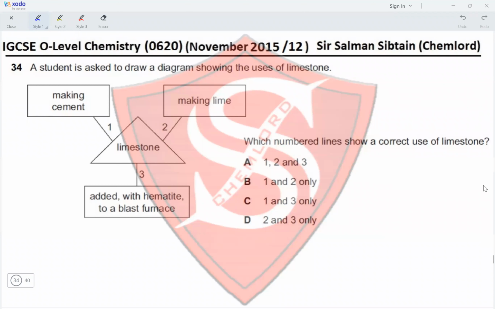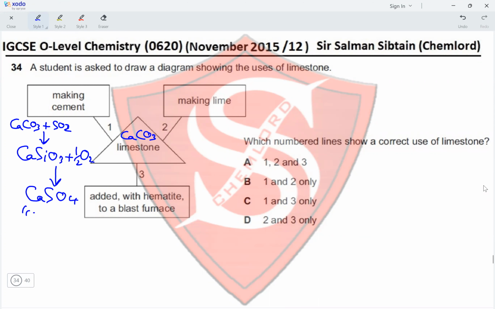Question 34. A student is asked to draw a diagram showing the uses of limestone. Limestone is calcium carbonate. So use number one is in making cement. Yes, because we've got calcium carbonate reacting with SO3, SO2, not SO3, producing CaSiO3, which reacts with oxygen, producing CaSO4, which is called gypsum.